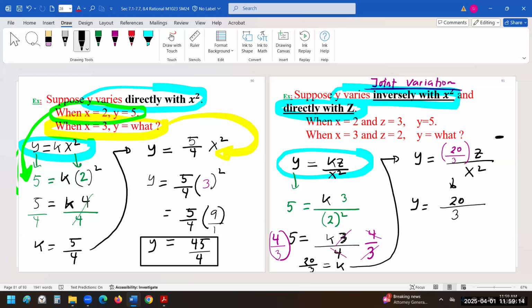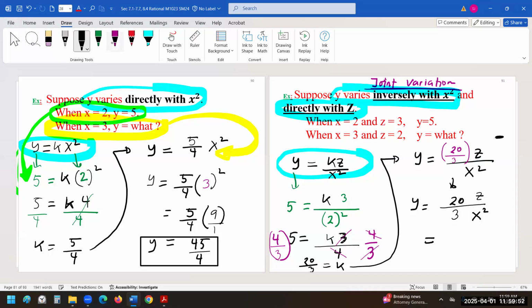And if z is on the top, you can bring this 3 next to the x squared because 3 is a denominator. So you can put 3 and x squared as one denominator and 20 and z as one numerator. You're allowed to do so in a fraction. And now it looks much nicer, cleaner, right? It's not horrible looking like this. You don't have to do it, but if you do it, your life is easy.